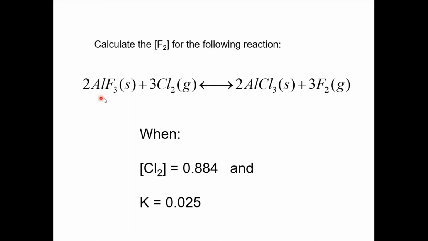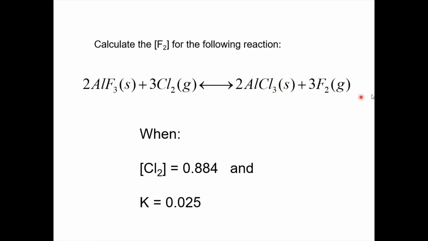So here we have a couple solids. And remember, when you have solids, their activity is 1. Since that's what we're really putting into equilibrium constants, you just ignore them. You plug in a 1 for them, and 1 times whatever gives you whatever you had to begin with.